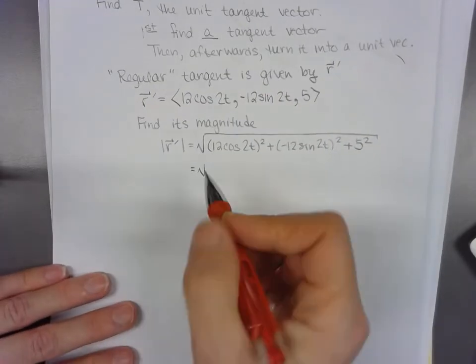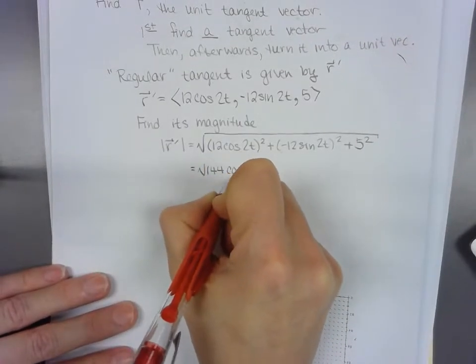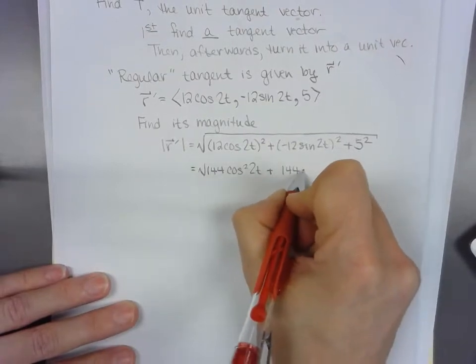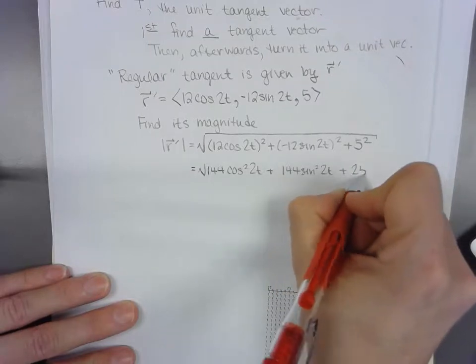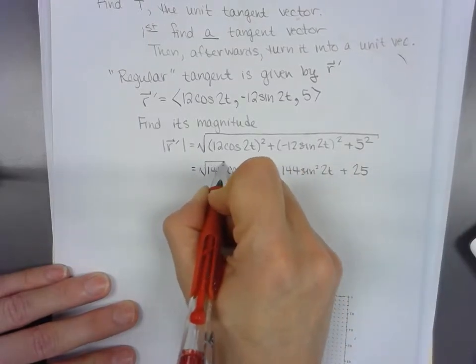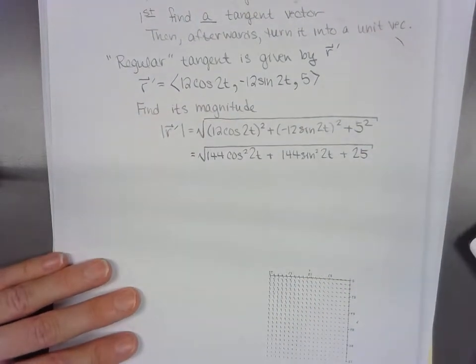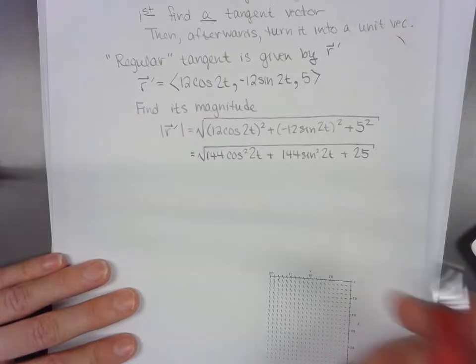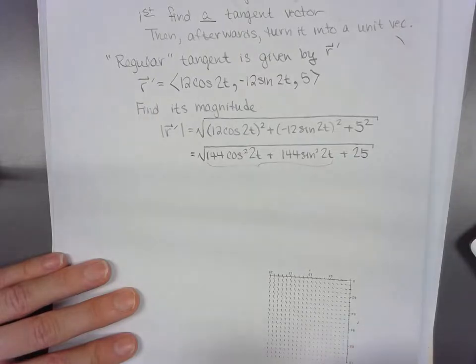Okay, so 12 squared is 144, 144 sine squared, plus 5 squared is 25. The first two terms have something in common: 144.